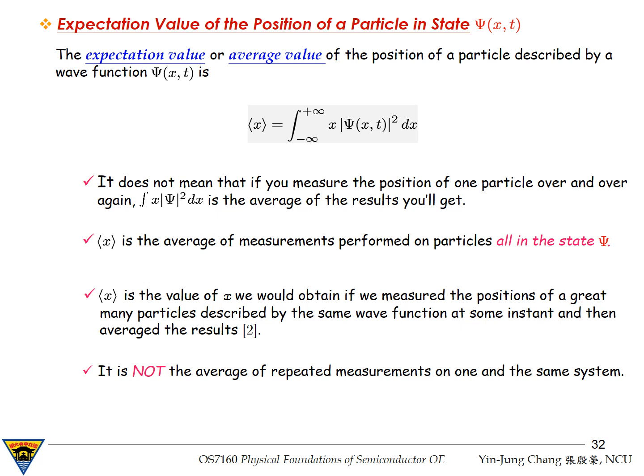So the key message of this page is the following. The expression shown here is the probability weighted average position of a particle in the state psi, understood as an average over many identically prepared systems, not repeated measurements on the same individual particle.